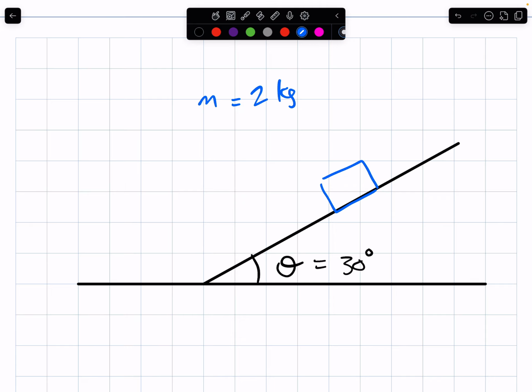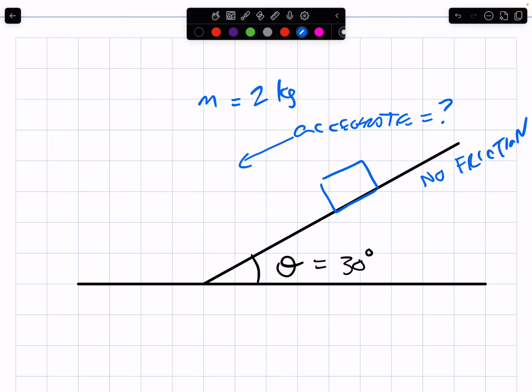And furthermore, there's no friction, so it's slippery, like a road on ice, or like a cart with wheels on it. It's going to start to accelerate down the incline. And so the question is, how much is that acceleration going to be?